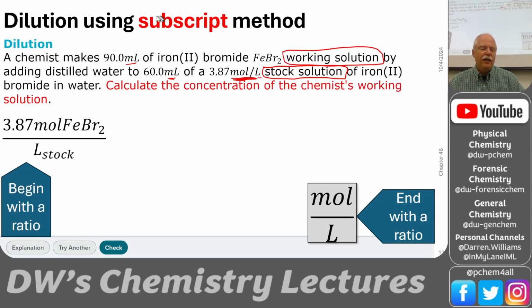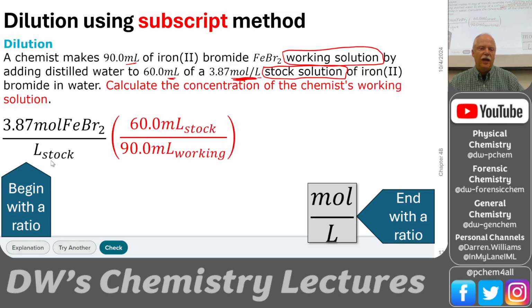Here I have a liter of this concentrated iron bromide in a liter of stock solution. Then I'm going to use the other two, but I'm going to put subscripts on them. Look at the 60 mils. I've got 60 mils of the stock solution right here.